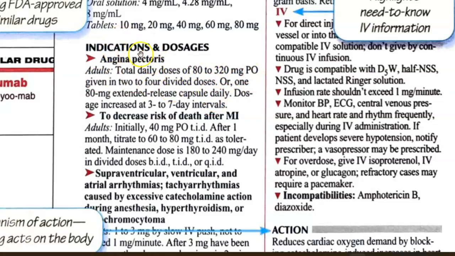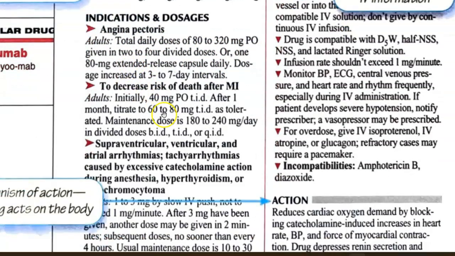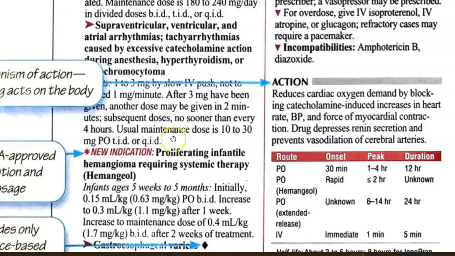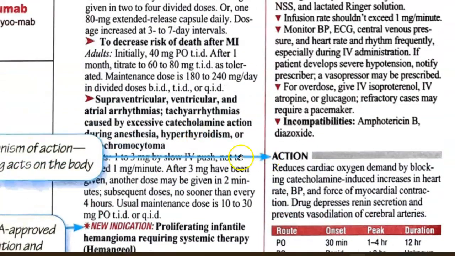There are different indications for different drugs, and for each indication, there's usually a designated dosage. See here. And another thing that I forgot to mention is that if there are any incompatibilities, the drug handbook will also indicate them.